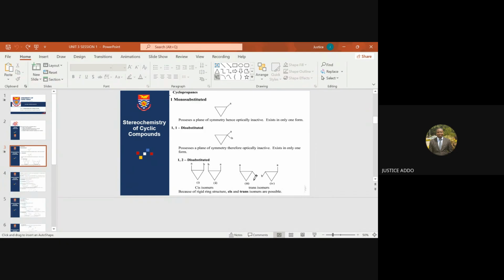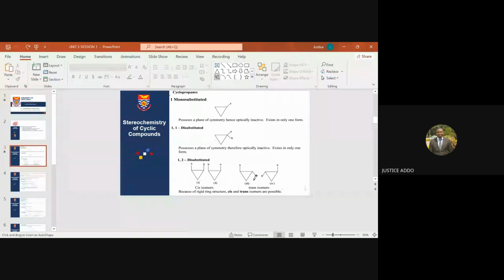You can have the monosubstituted, the 1,1-disubstituted, 1,2-disubstituted, 1,3-disubstituted, 1,4-disubstituted, and so on and so forth. So the different substitution and the different ring size bring about different stereochemistry.